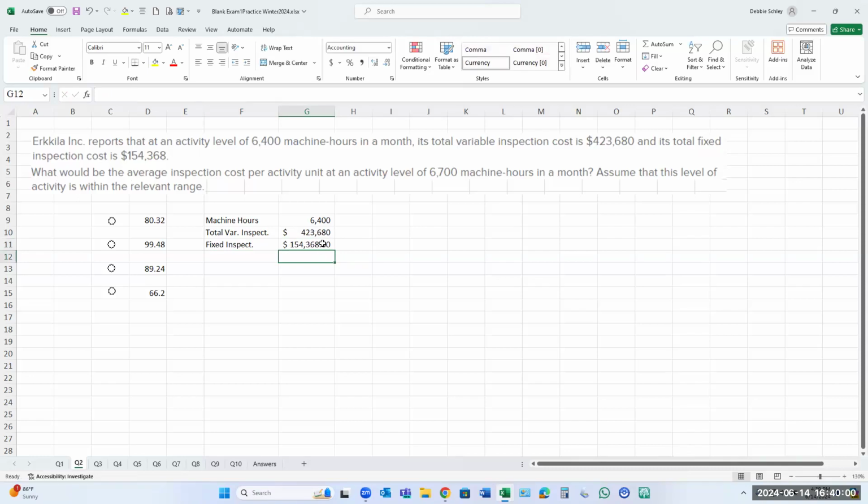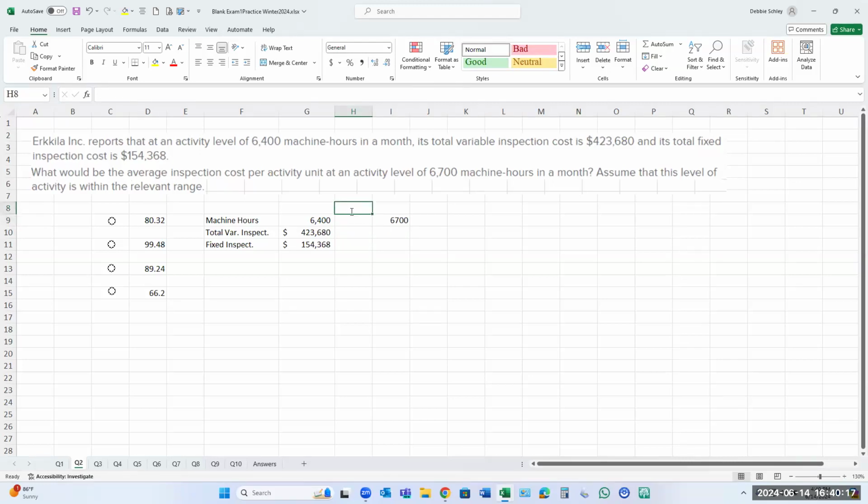Okay. What would be the average inspection cost per activity level at an activity level of 6,700 machine hours? Actually, I'm going to make that over 1.